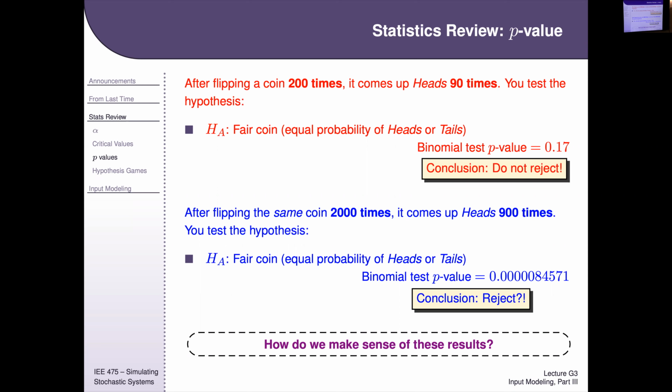Now, the question is, what happened here? You could argue that 900 out of 2,000 is not a fair coin. It should be 1,000 out of 2,000 if it was truly a fair coin. But you could also argue that practically 900 out of 2,000 is fair.